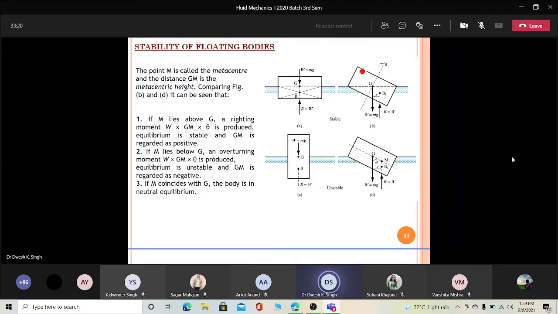As soon as you apply a disturbing force here, your body will start tilting, and it will tilt about a point which is the metacenter.